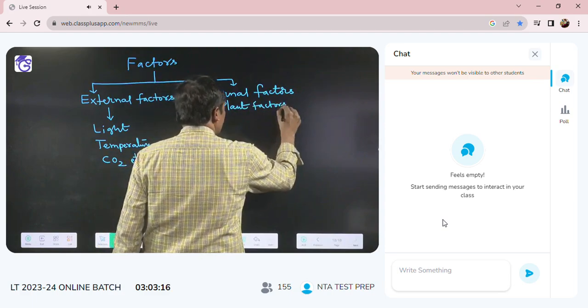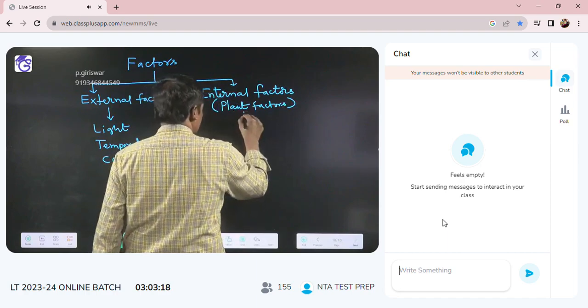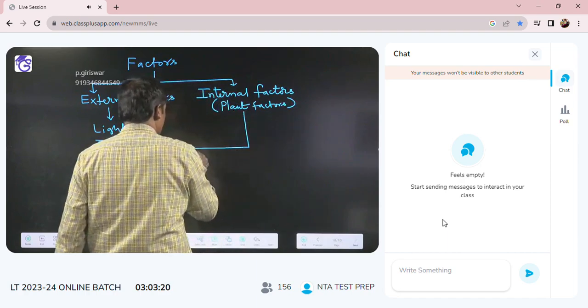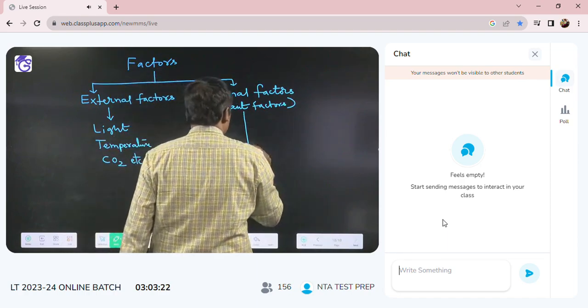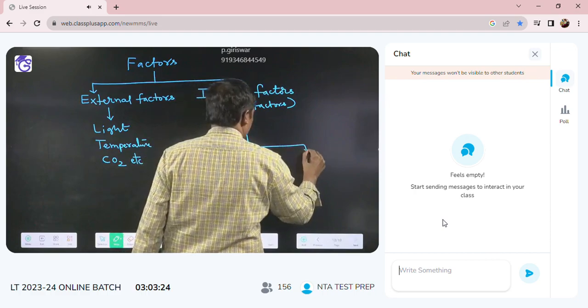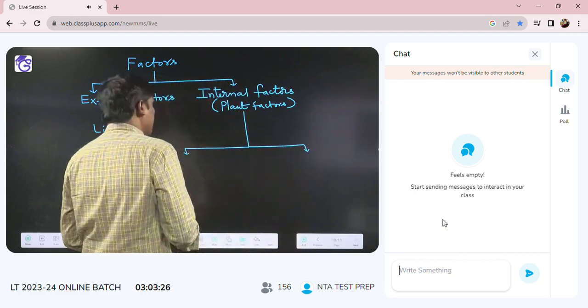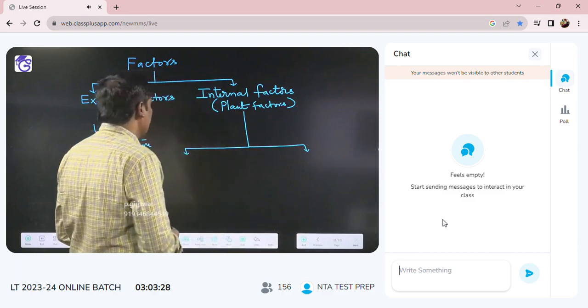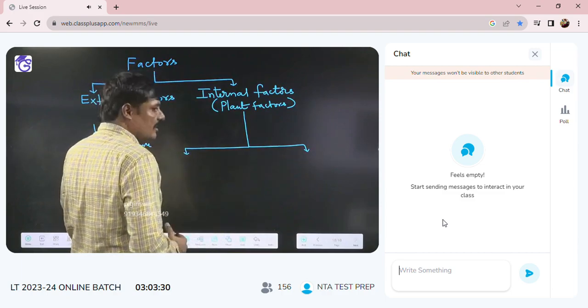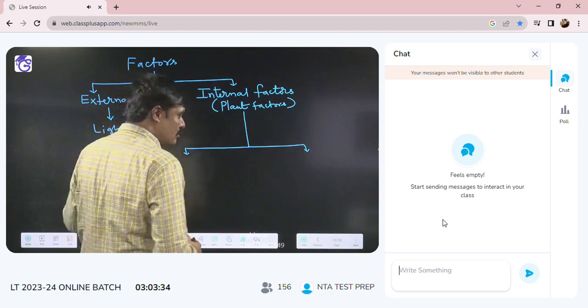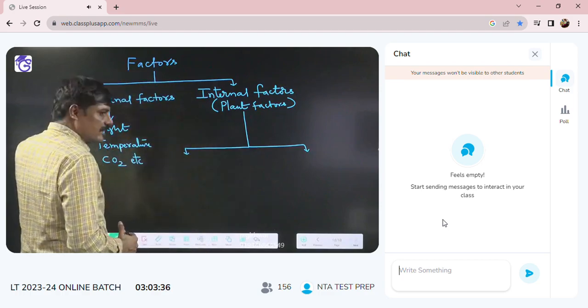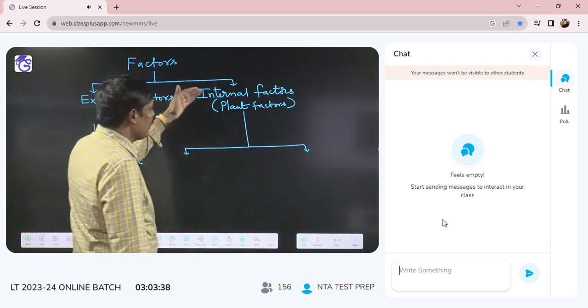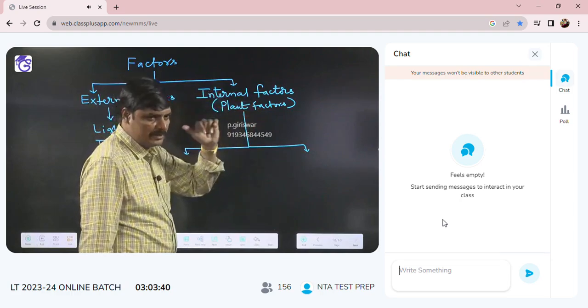These are broadly classified into two types. Internal factors are intrinsic factors, and external factors are extrinsic factors.